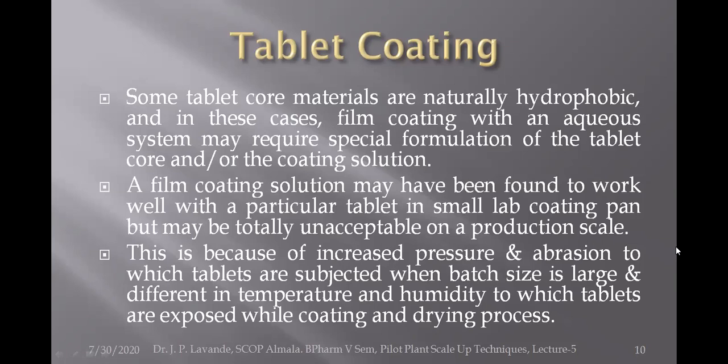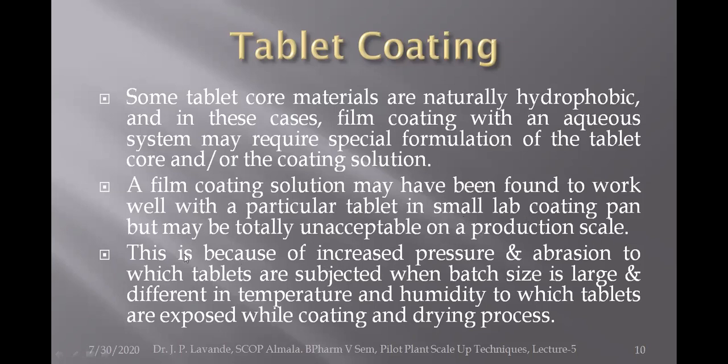So that will be subject to the temperature difference, the weight difference, and the humidity. The environment in commercial plants is strictly regulated as per the regulatory agency guidelines. But every time the same may not be possible for us to maintain at lab scale.